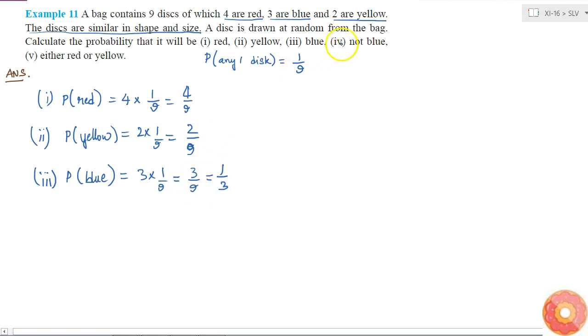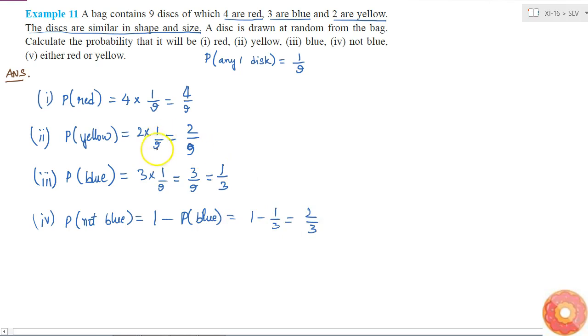Okay. And the fourth one is the probability of not taking a blue disc. So the probability of not taking a blue disc is equal to 1 minus the probability of taking a blue disc. Fine. Which will be equal to 1 minus 1 by 3, which is 2 by 3.